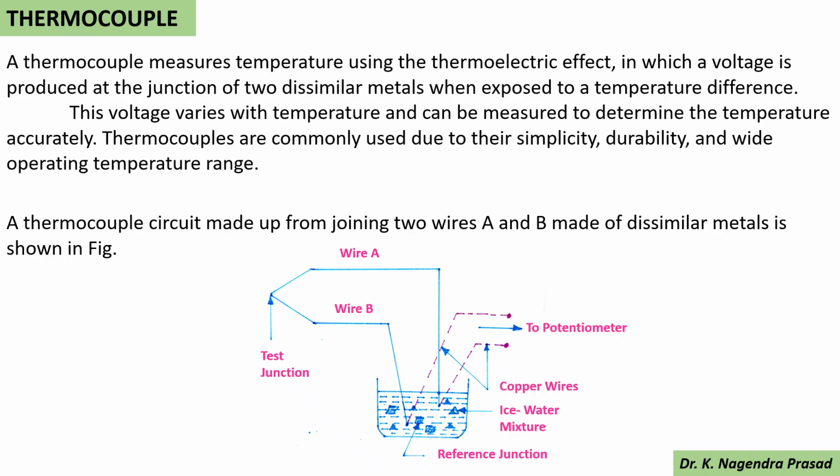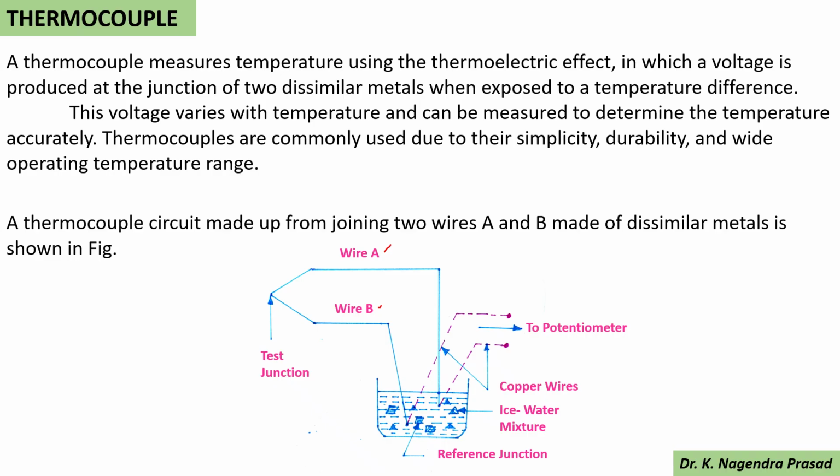Here see a thermocouple circuit made up of the joining of two metal wires, wire A and wire B, made of two dissimilar metals. They are exposed to a temperature difference by maintaining one end at the test junction temperature and the other at the reference junction temperature.